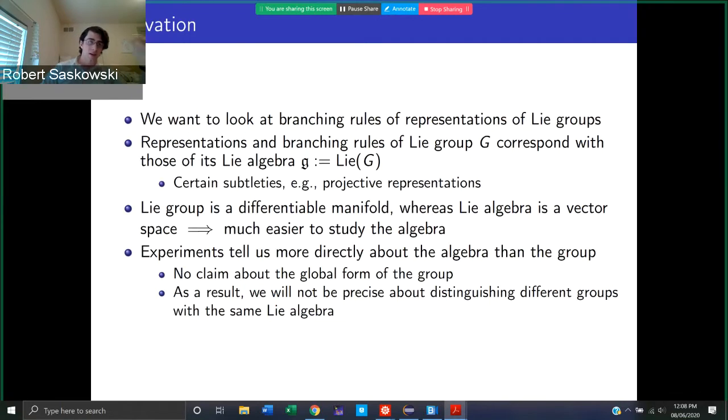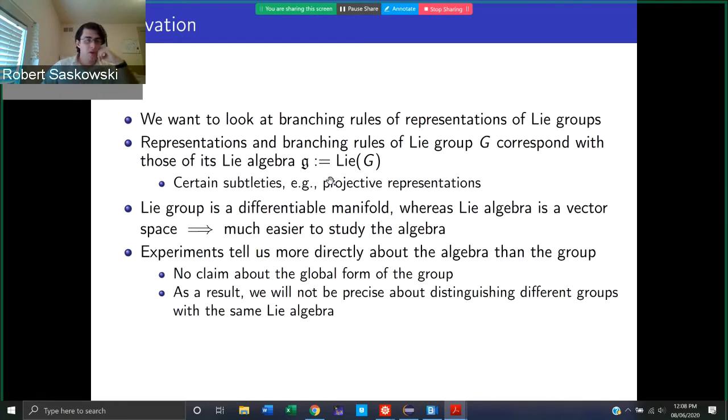However, I now want to make an argument for why we want to look at the representations of the Lie algebras. Obviously, the first argument should be that it's correct. So the representations and branching rules of Lie groups end up corresponding with those of their corresponding Lie algebras. And in general, we denote Lie groups by capital Latin characters, and we denote corresponding Lie algebras by fraktur letters. Now, while it is true that these correspond, there are certain subtleties.